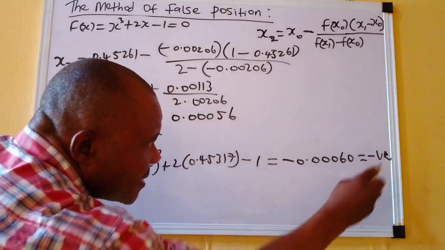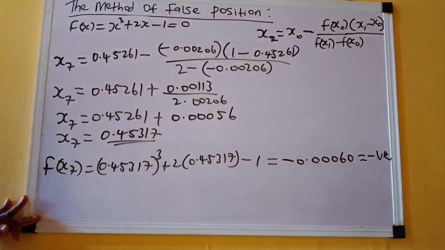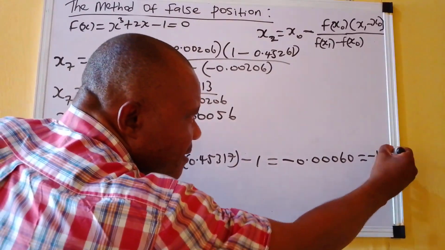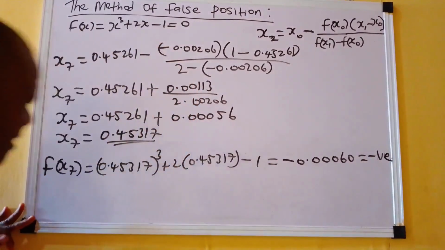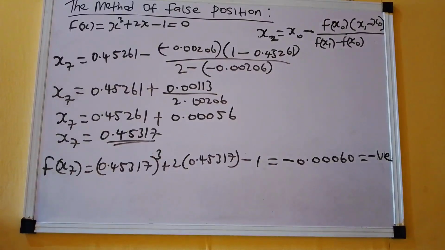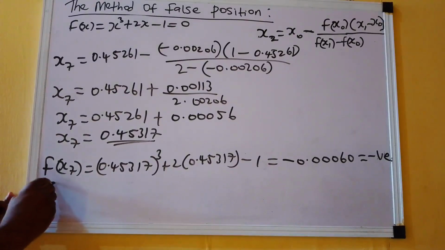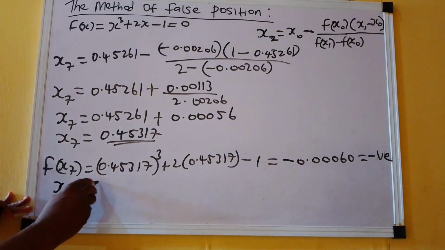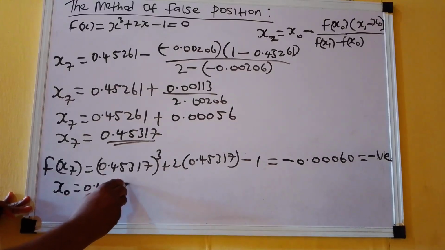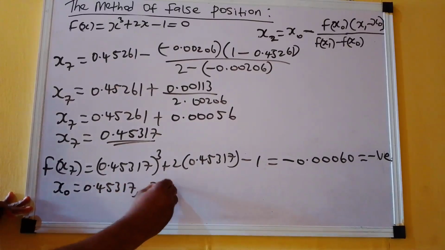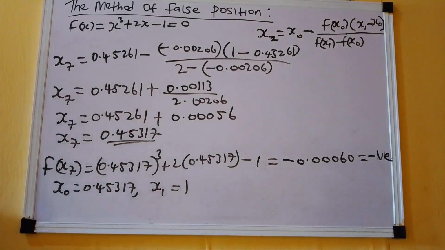So you can see that f of x7 is negative. Again, it means our x0 will be replaced. So our x0 will be equal to 0.45317. Our x1 will now be equal to 1. You can see how simple this can be.